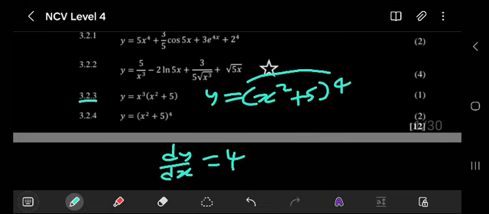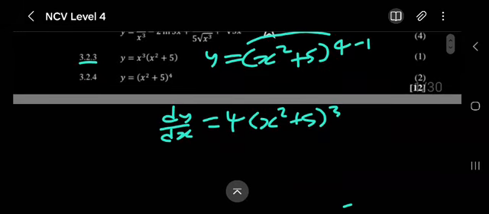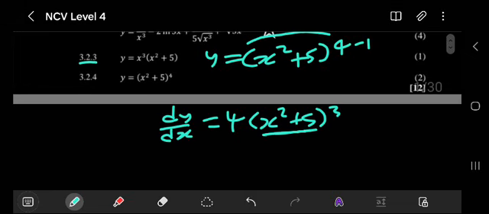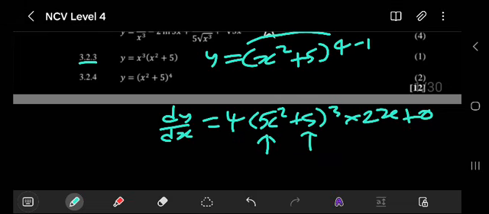multiply by 4, right, subtract 1 will be 3, then multiply by the derivative of the inside. Then when you differentiate, 2x will be 2. You drop the exponent, you subtract 1 will be 2x. Differentiate 5, it is just a constant, is plus 0.